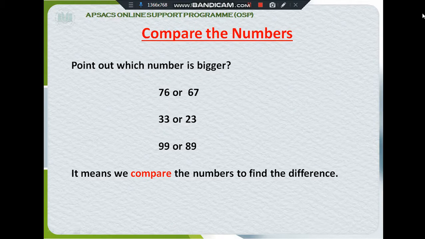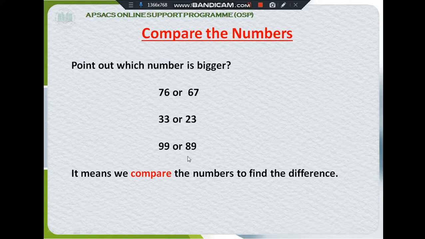Now students, when we compare the numbers, we have to find out some important factors. Can you point out which number is bigger, 76 or 67? Exactly, 76 is the bigger one. And what about 33 and 23? Yes, 33 is the bigger one.